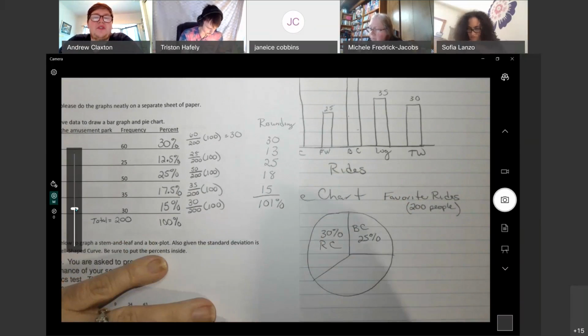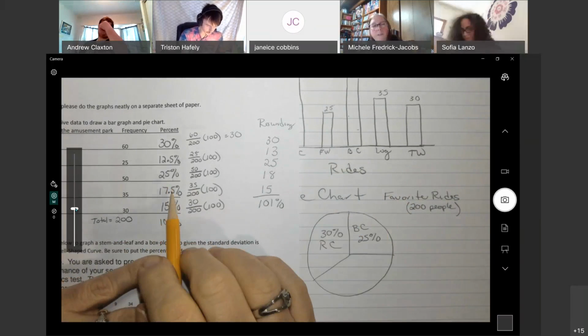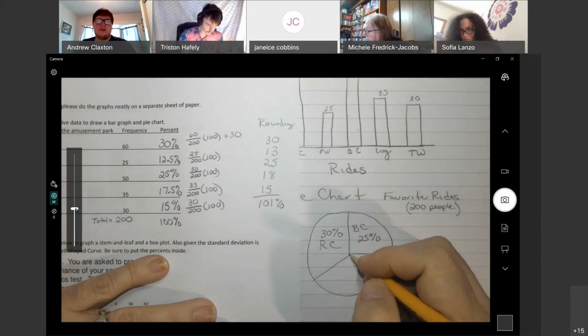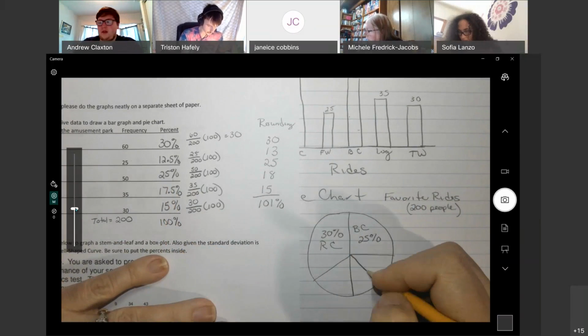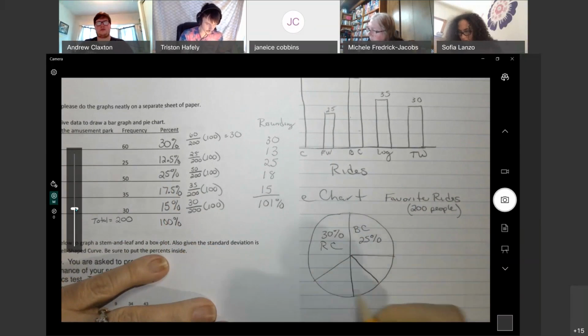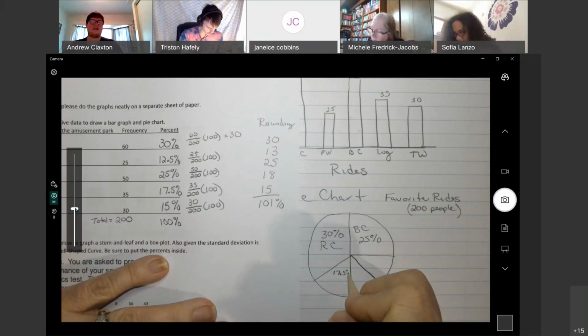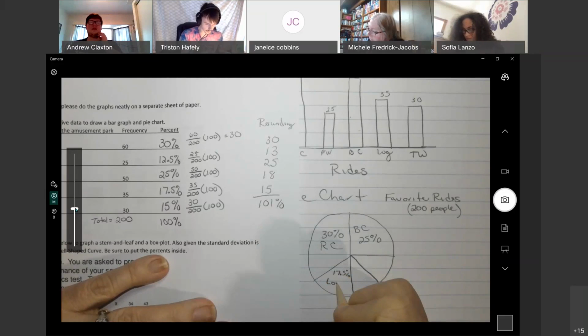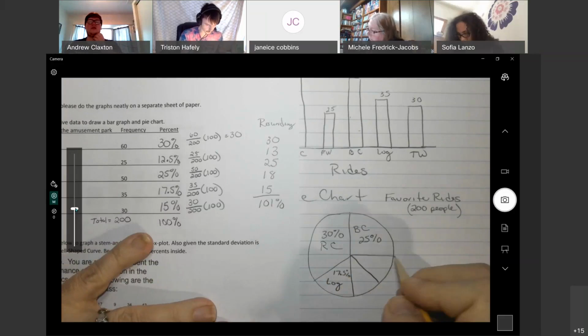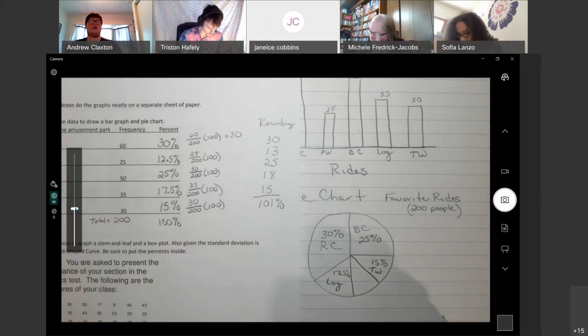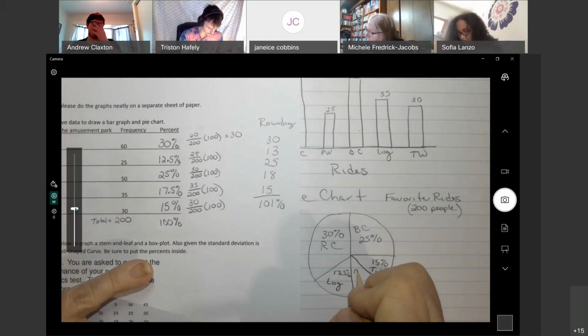The other three are pretty close, 12, 17, and 15. So this one looks maybe the largest, so I'll put the 17.5 here, which is the log ride. 15 here, which was tilt-a-whirl, and the 12.5.